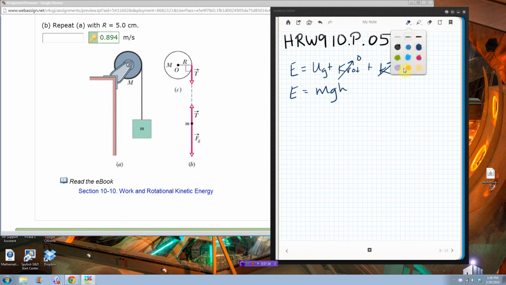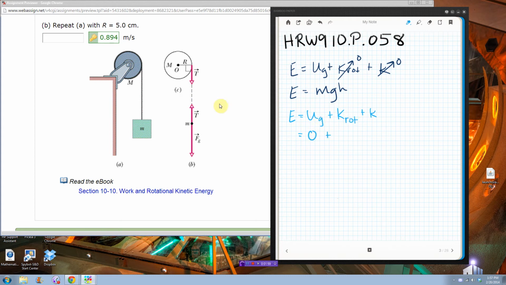Now, after it has fallen, the thing is rotating and the block is falling. Once it's fallen your 50 centimeters, I'm going to say that where it falls to is 0 height, so the potential energy of the block becomes 0.